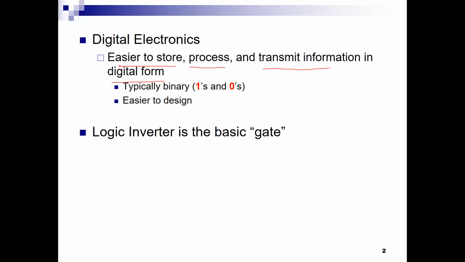And basically, if we want to look at the basic logic gate, which is the digital gate logic inverter. يعني الانفرتر بياخد as input 0 بيعطيني 1, بياخد as input 1 بيعطيني 0.